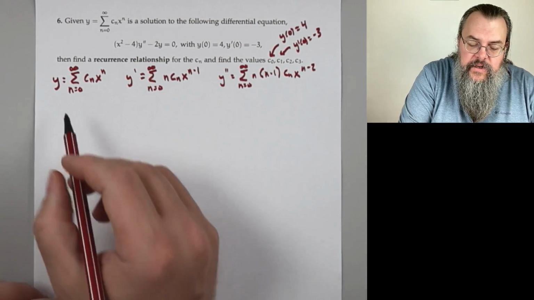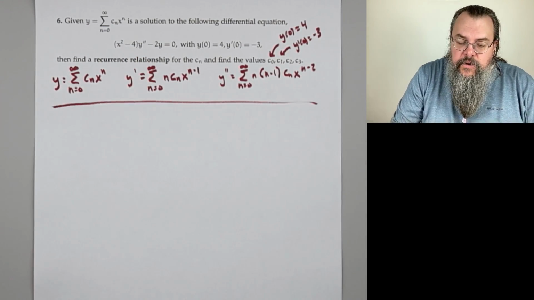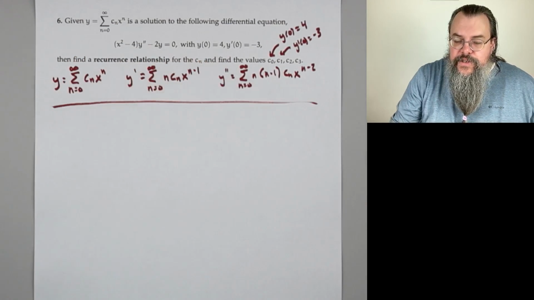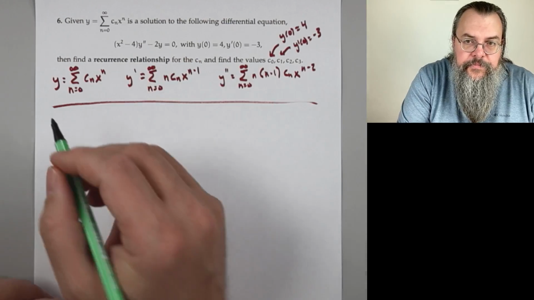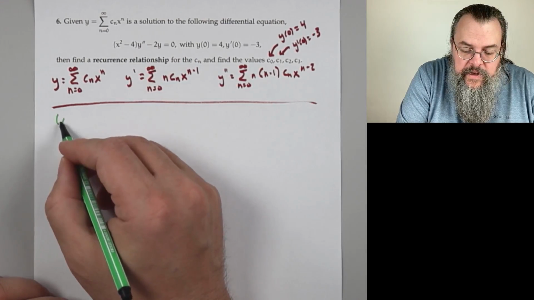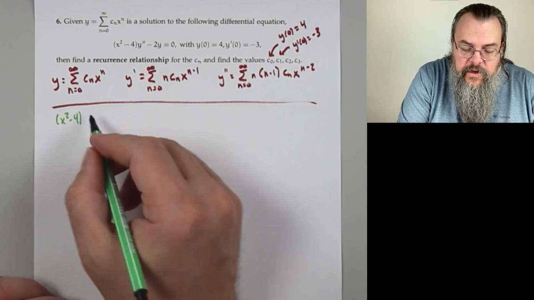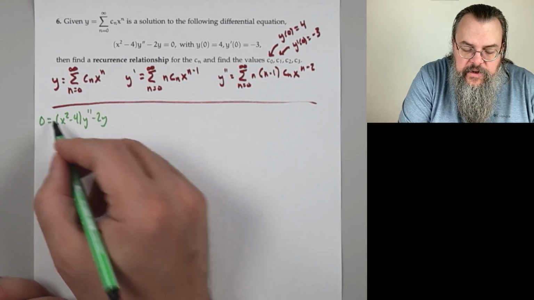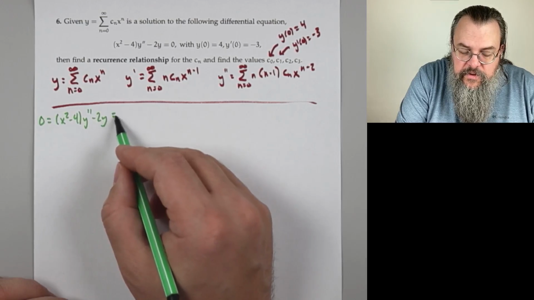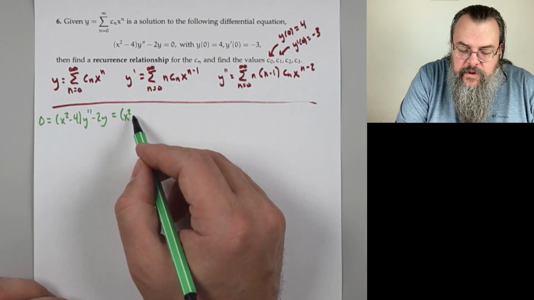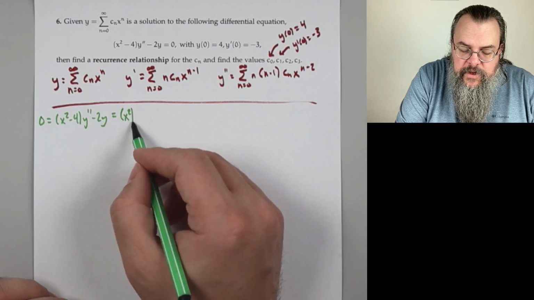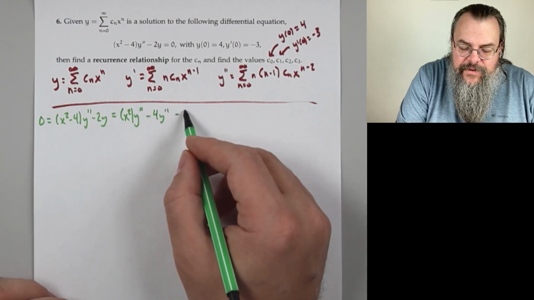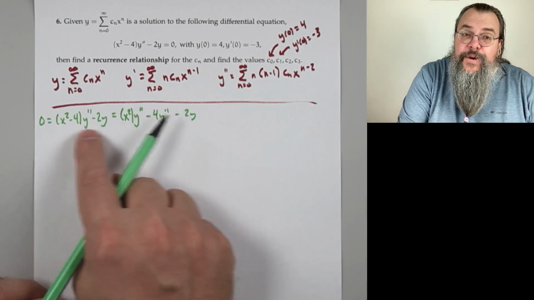Okay, good. Now we're going to use this to rewrite our differential equation. So we have x squared minus 4, y double prime, minus 2y, which equals 0. I'm going to write it as x squared y double prime minus 4y double prime minus 2y. I do want to separate that.